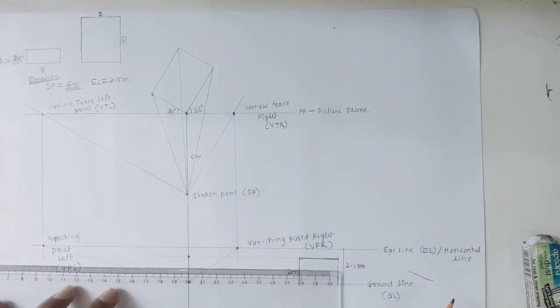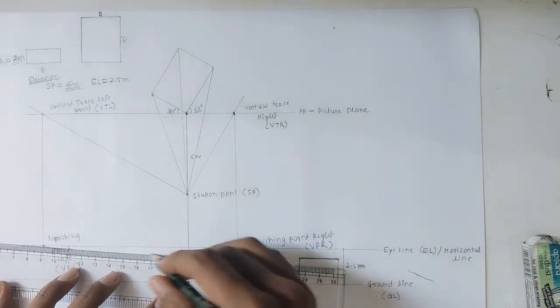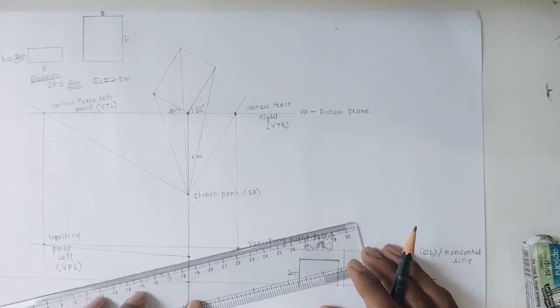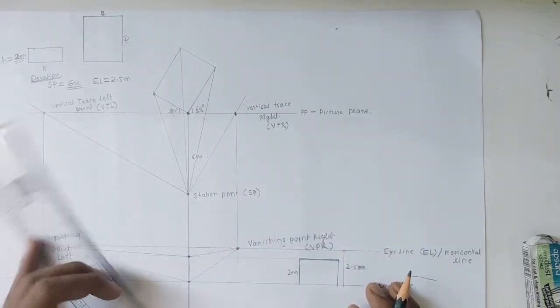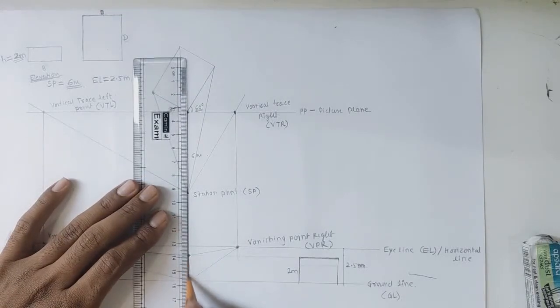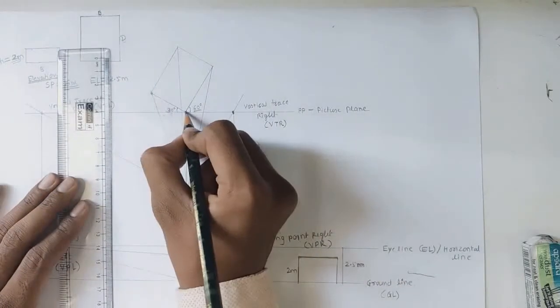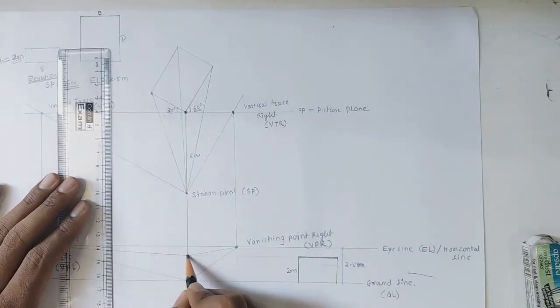Likewise, join this point and this point. So we'll get this point of the object. This is the top point and this is the bottom point.